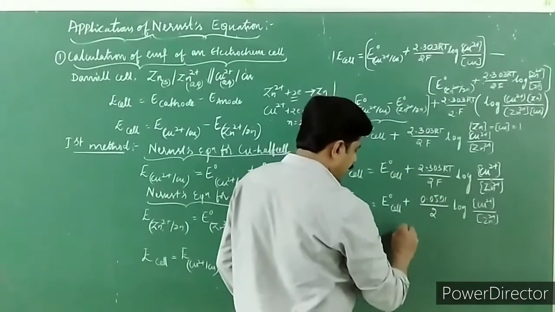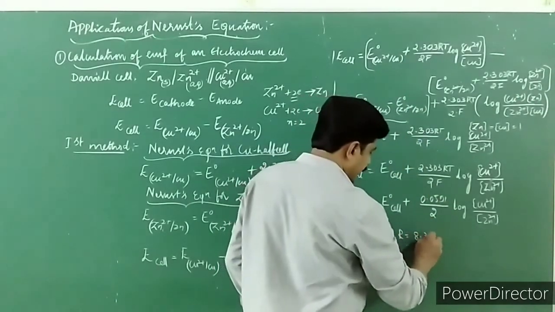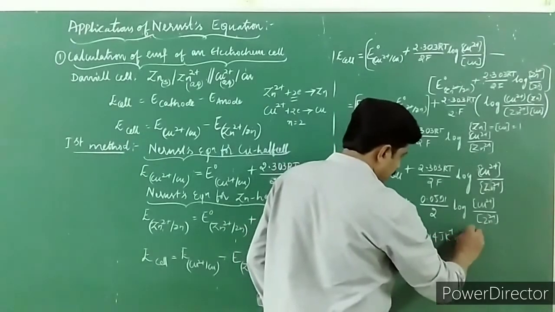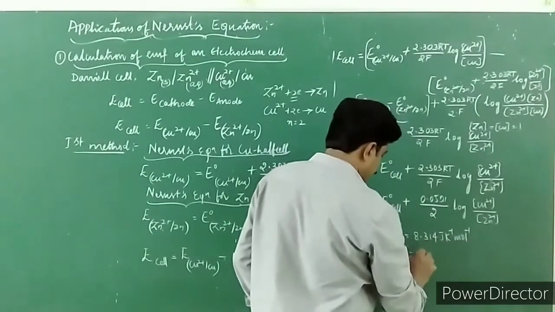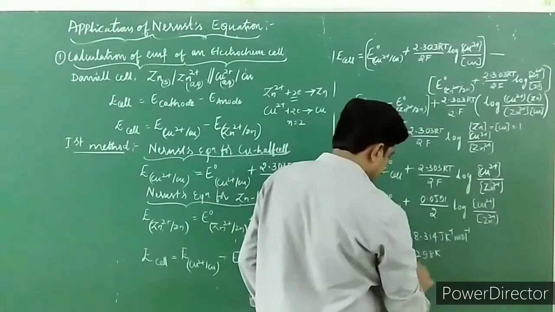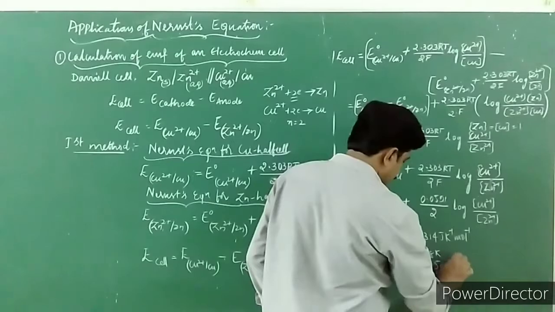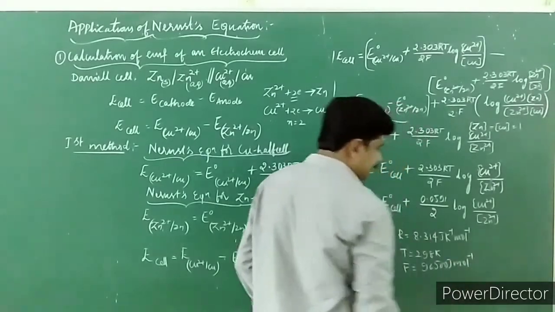Remember, the value of R is equal to 8.314 joules per Kelvin per mole, whereas T is equal to 298 Kelvin and F is equal to 96,400 joule per mole.